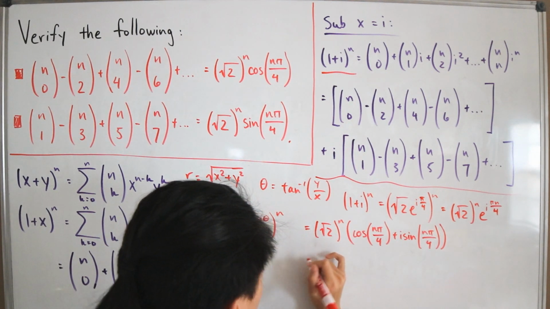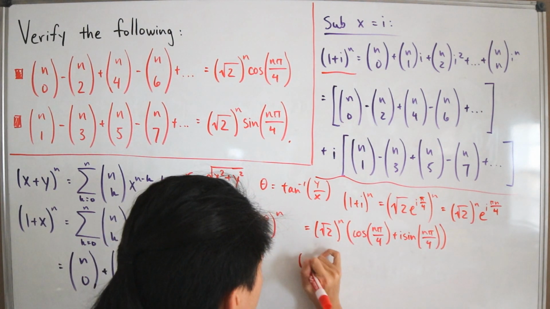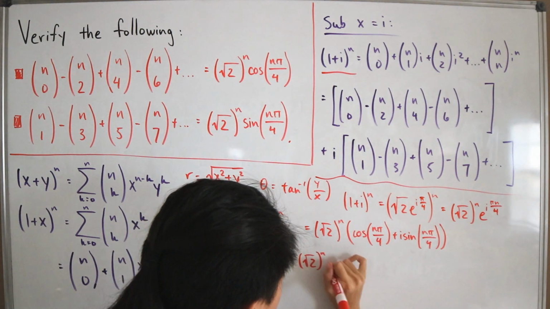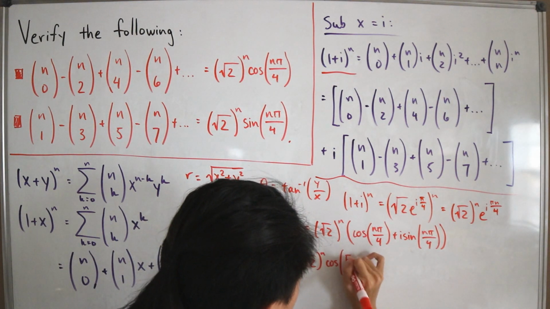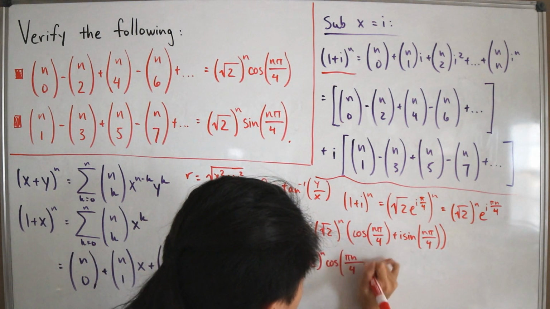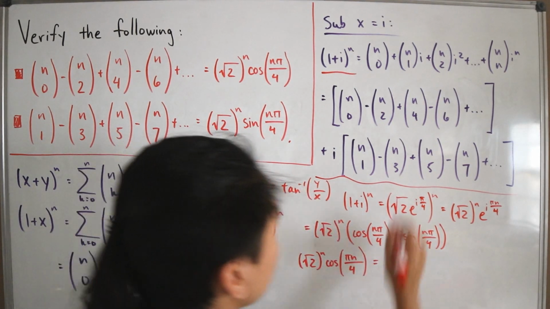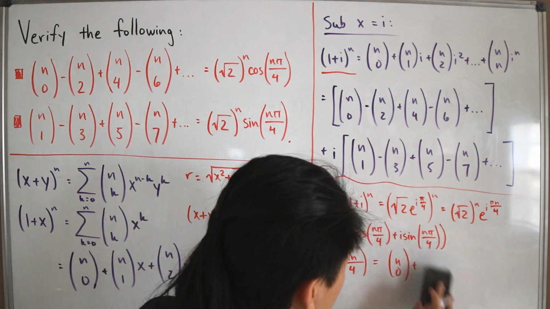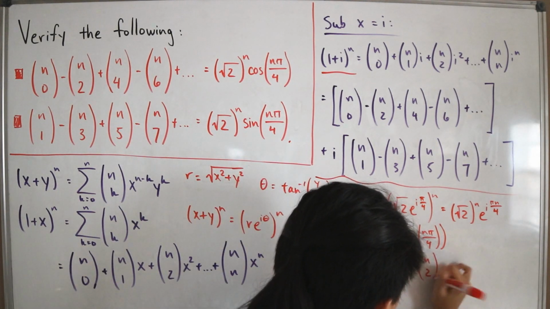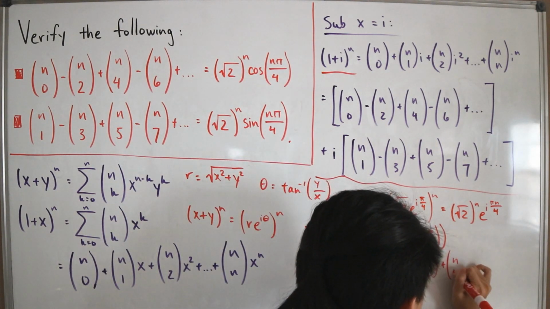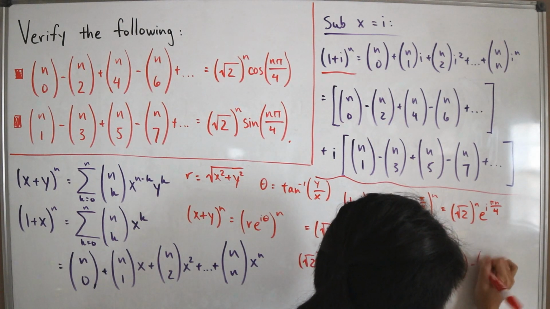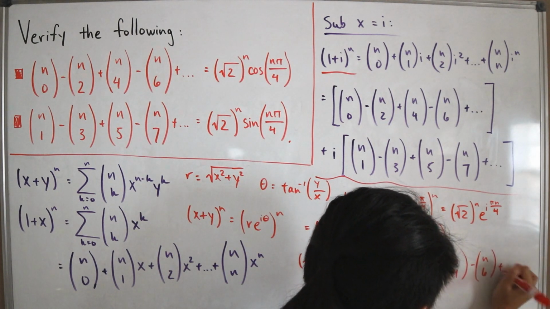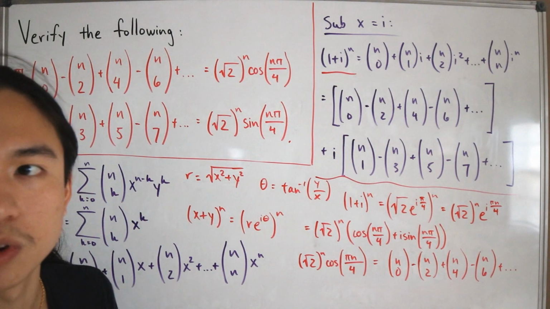And so therefore that concludes that the square root of 2 to the power n cosine of pi times n divided by 4 is indeed equal to n choose 0 minus n choose 2, add n choose 4, and then subtract n choose 6, and so on and so forth. So that's one side done.